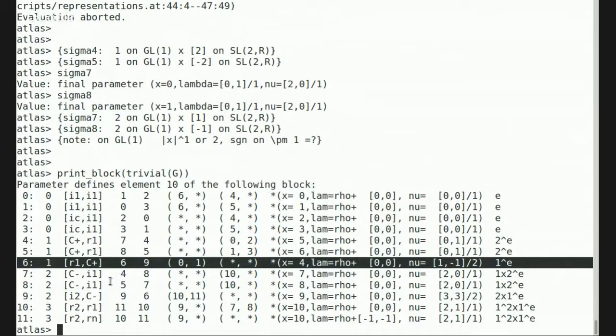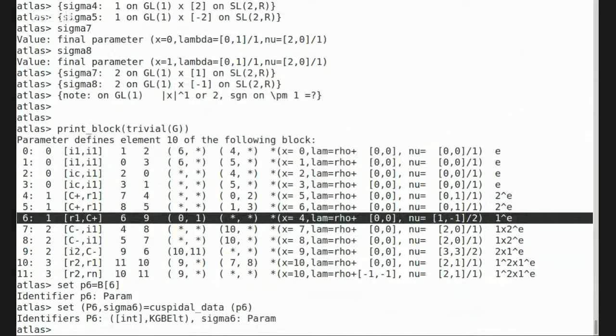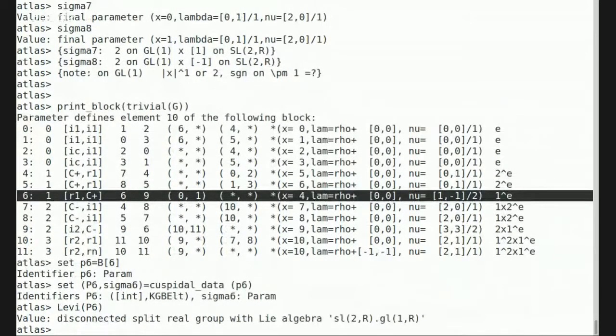Okay, so let's set P6 to be B bracket 6, and let sigma 6 be the cuspidal data of P6. And what's the Levi factor of P6? It's a disconnected split real group with Lie algebra SL2 plus GL1, the same as before.